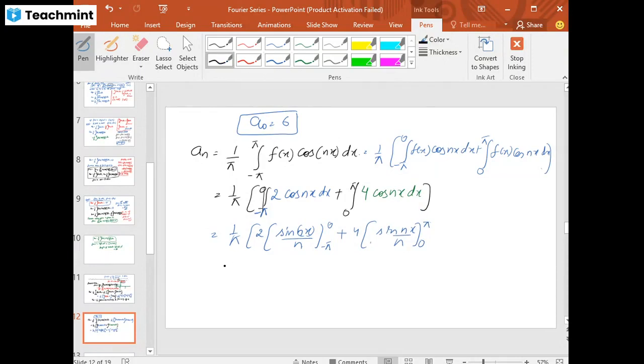When we solve this integral, it is 1 upon pi, 2 times upon n. When we substitute the upper limit, it is sine of 0, because if x is 0, then n into 0 is 0, minus the lower limit, sine of n into minus pi, so it is sine of minus n pi, plus 4 upon n, again substituting the upper limit, this is sine of n pi minus sine of 0.